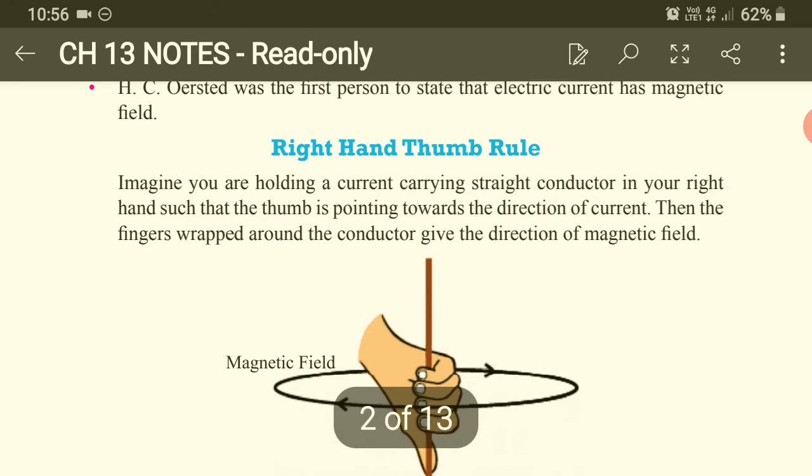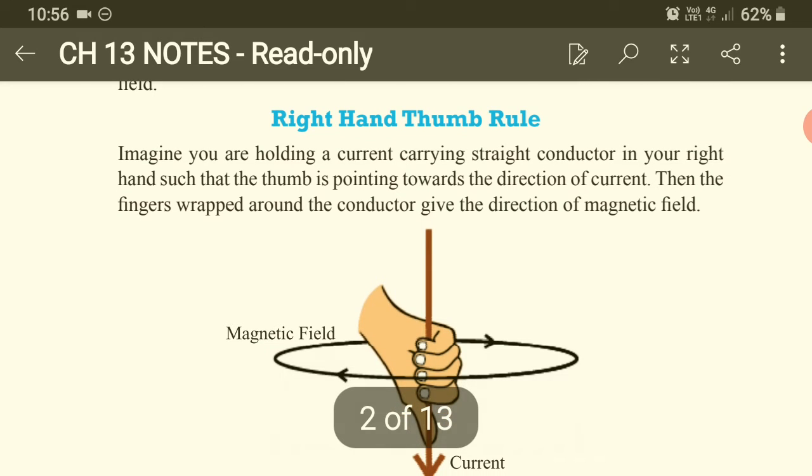Imagine that you are holding your right hand in such a way that your thumb is straight and pointing towards the direction of current. Then your folded fingers will represent the direction of the magnetic field lines.